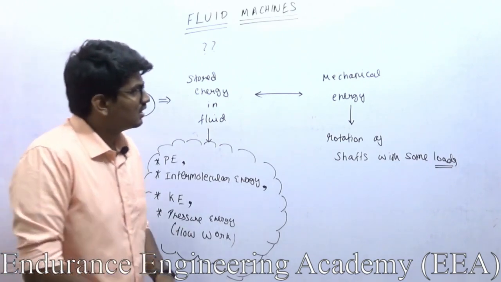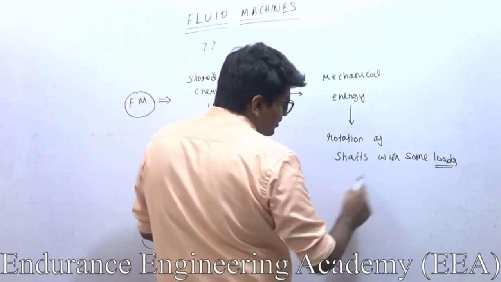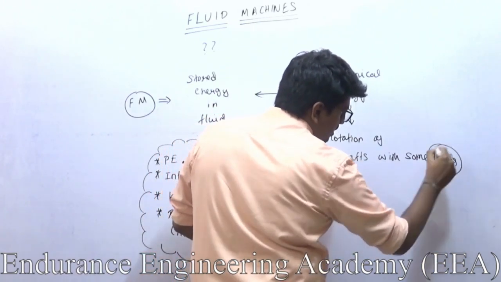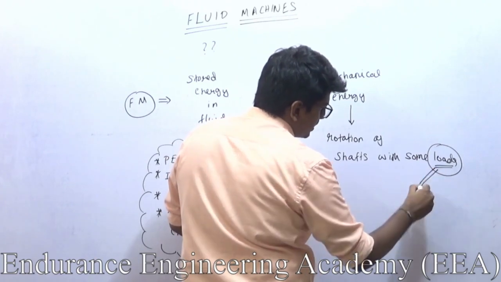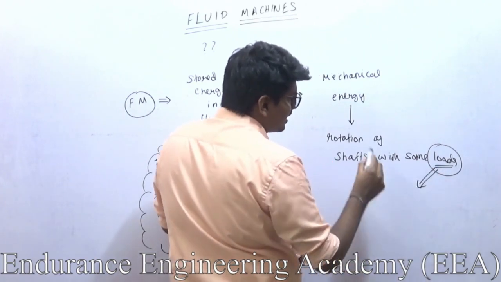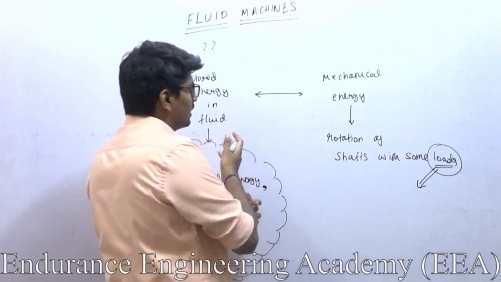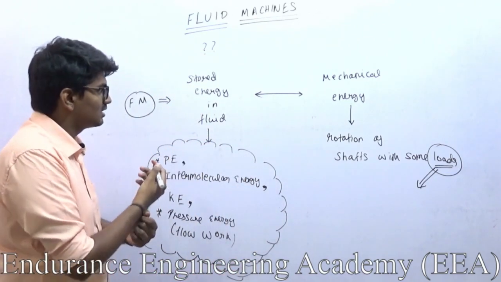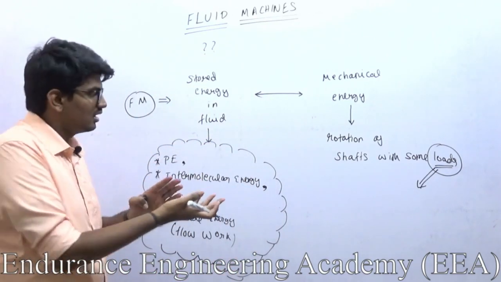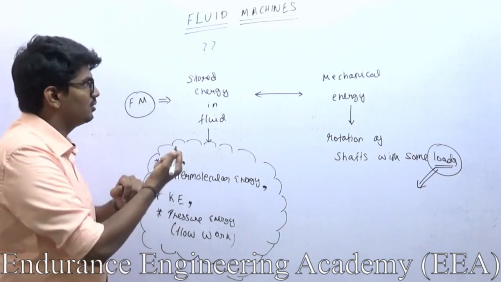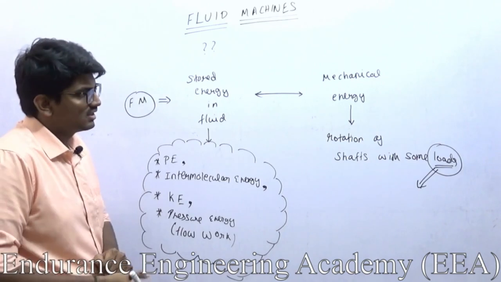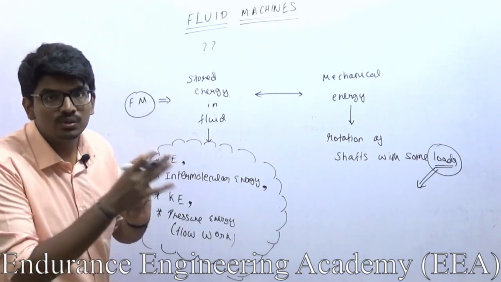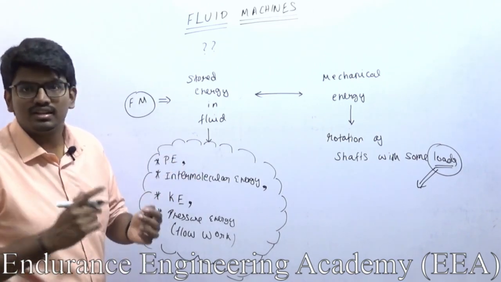And this rotation of shafts with some load, what does it actually mean? Load in the sense, I will be connecting something. Generally, if you see any power plant, a turbine will take fluid energy and convert it into rotation of shafts, and that shaft will be connected to an alternator, or you can say an electrical generator.